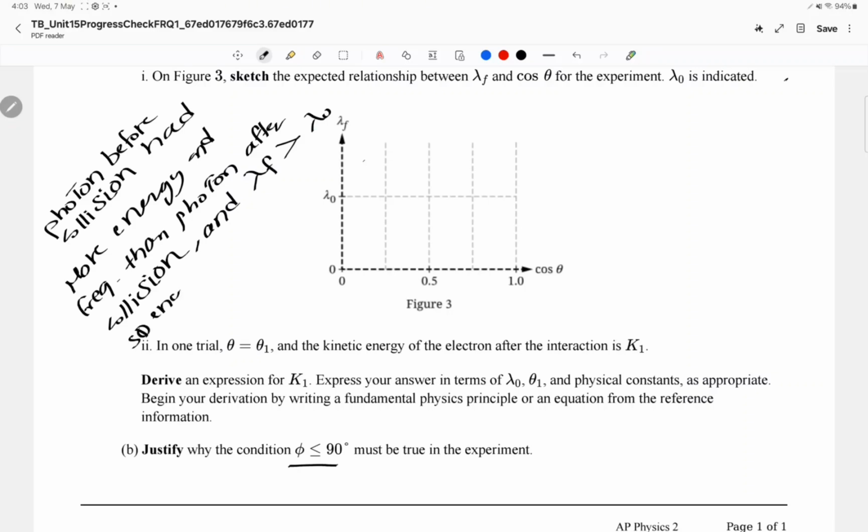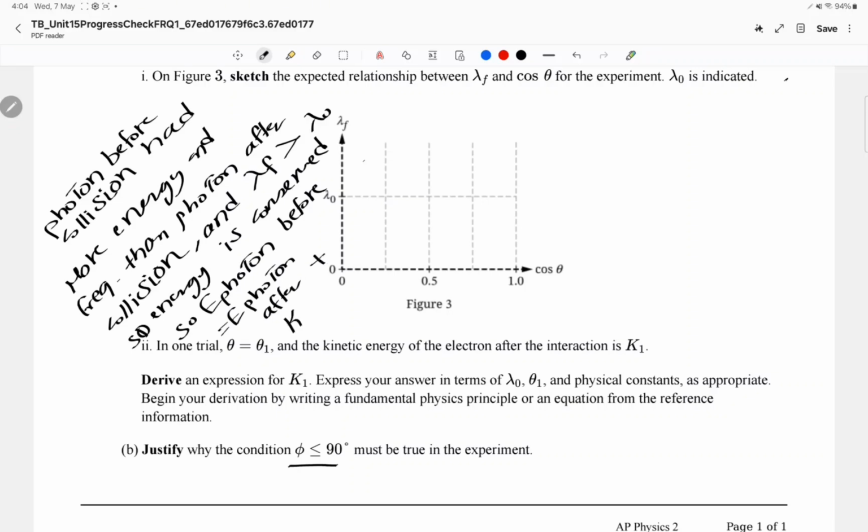So energy is conserved. So the energy of the photon before is equal to the energy of the photon after plus the K of the electron. Okay? And lambda is equal to h over p. You guys should know this equation.